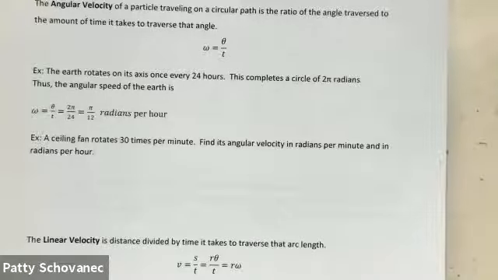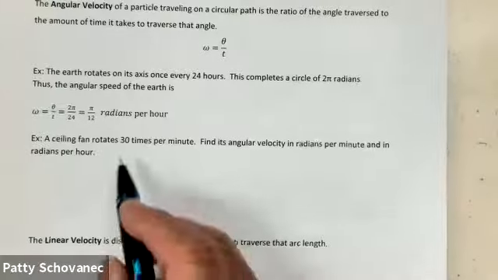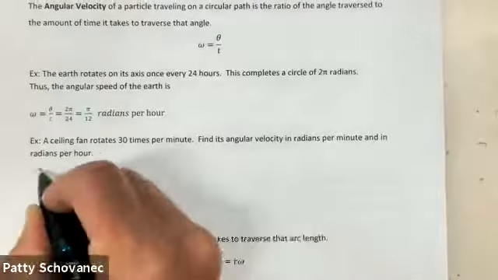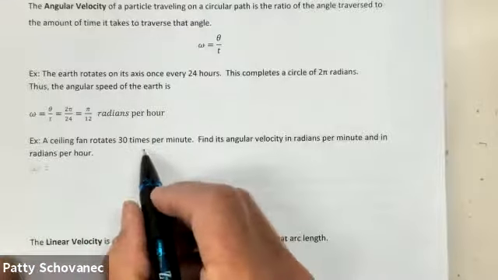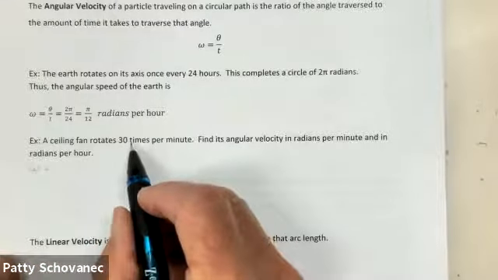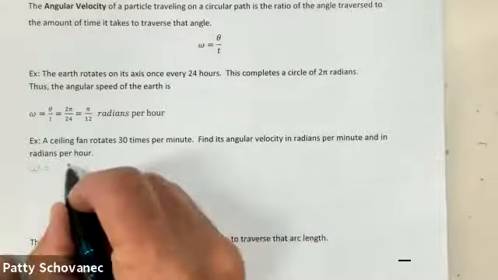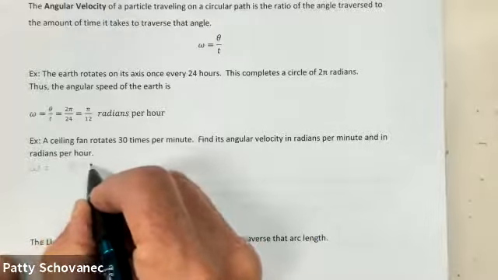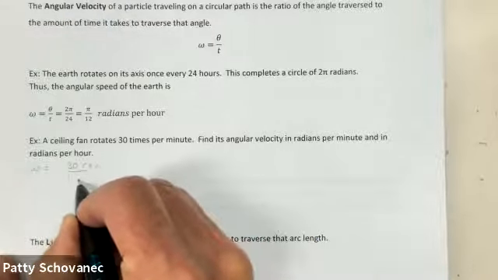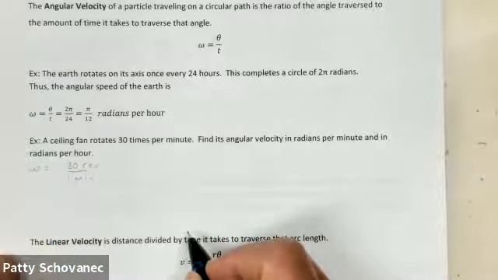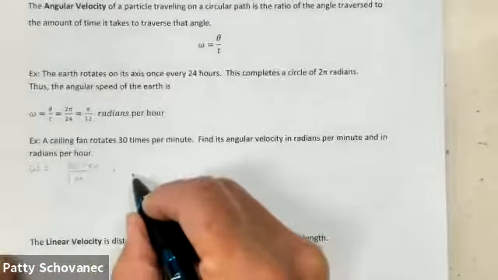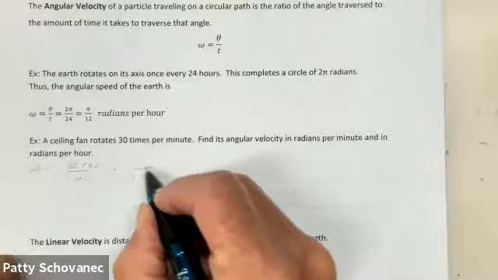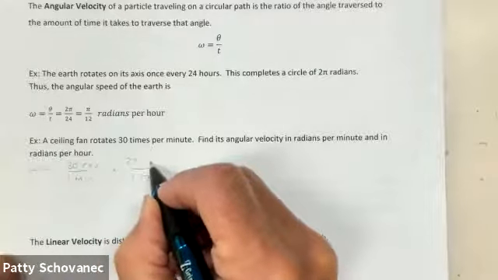So let's first get the angular velocity in radians per minute. We start with the fact that it takes 30 revolutions per 1 minute. Then one revolution is 2 pi radians.